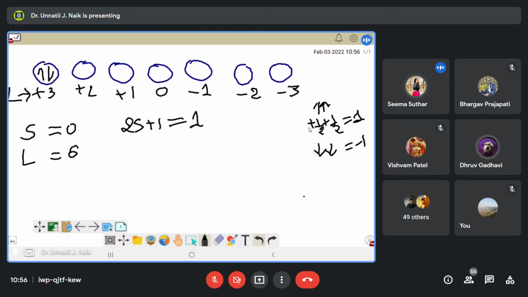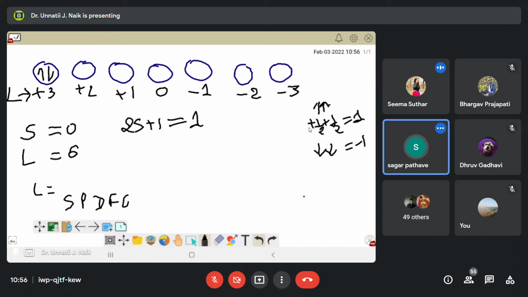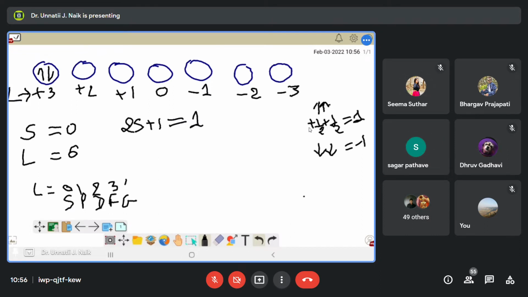So starting with S, P, D: for S it is 0, for P it is 1, for D it is 2, right? 0, 1, 2, 3, 4, 5, 6.